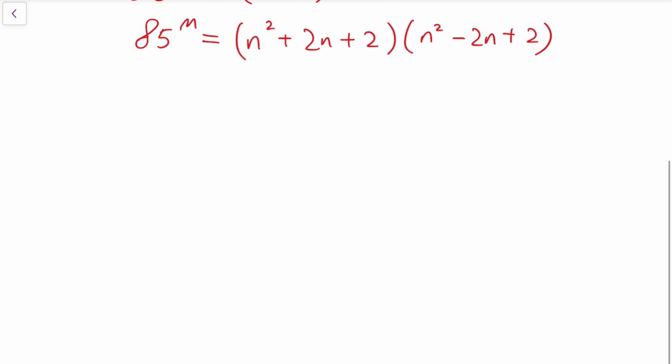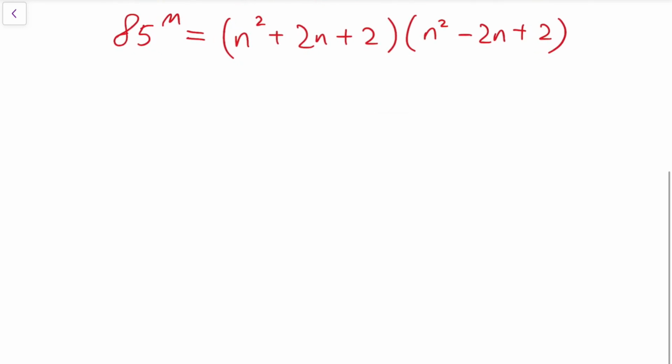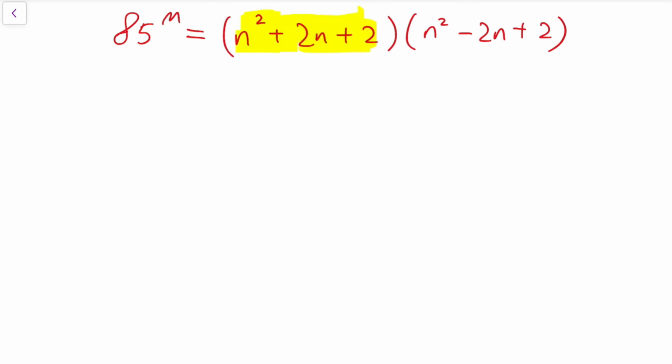So now we can focus on this product. At this stage, there are two possibilities. The first is these expressions, n squared plus 2n plus 2 and n squared minus 2n plus 2, do not share any common prime factor.